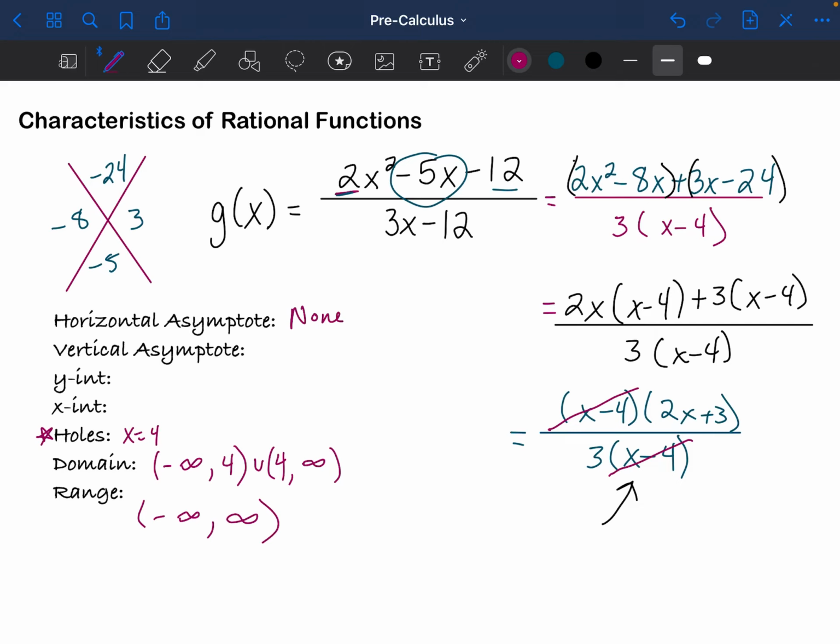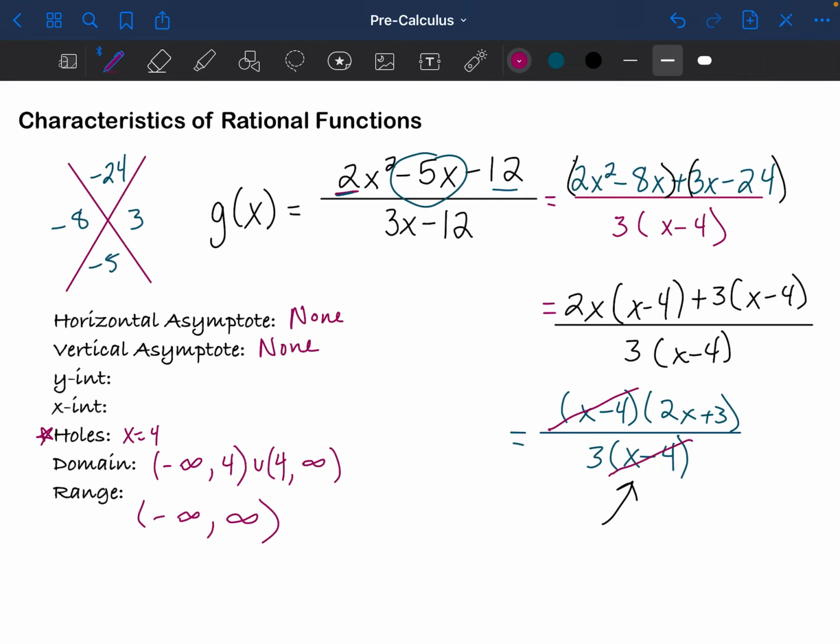Vertical asymptotes, well, there's no other spots where we're dividing by 0. It's just that x minus 4 spot. And I'm not going to have a hole and a vertical asymptote at the same spot, so none for that one too. In order to find the y-intercept, that is when x equals 0, because we're not moving to the left or right, so we're crossing the y-axis.